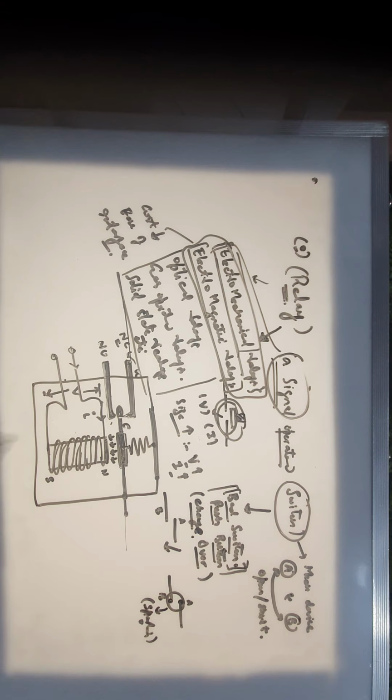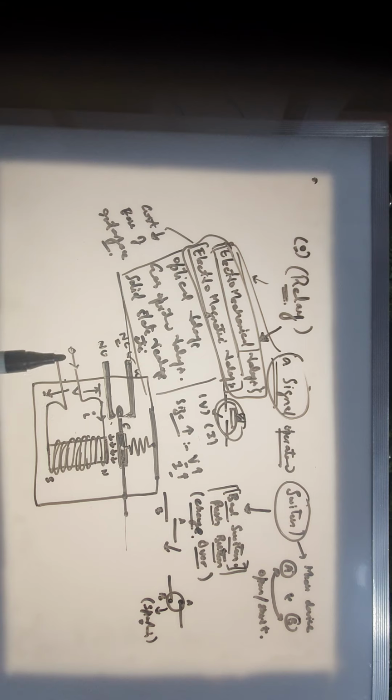We need very low amounts of current and voltage here in order to get this plunger from this position to this position, because here we only need to get the contacts between NC and C and NO and C, and we don't have to do any mechanical work where we need extra force and pressure.